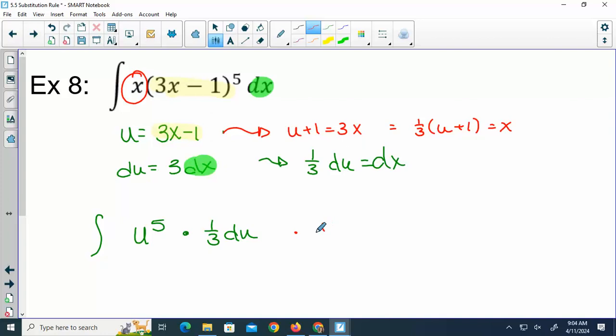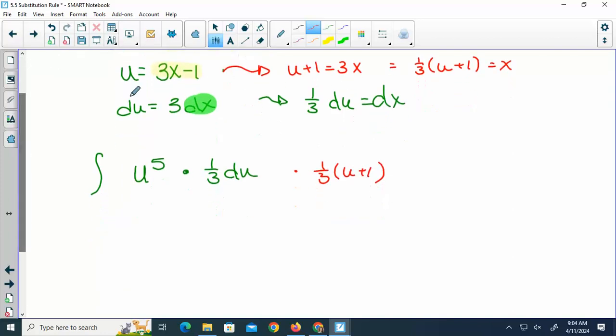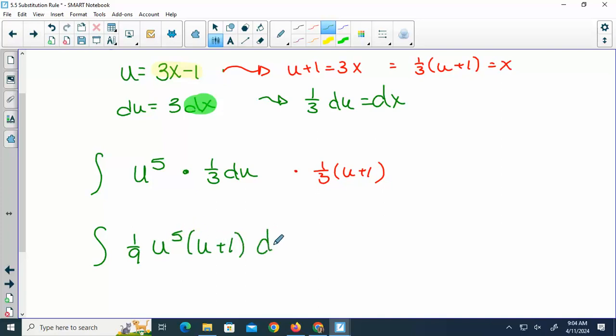So the x is 1/3 times u plus 1. Okay, my integral is all jumbled here, so let's fix it. 1/3 times 1/3 would be 1/9 u to the 5th times u plus 1 du.